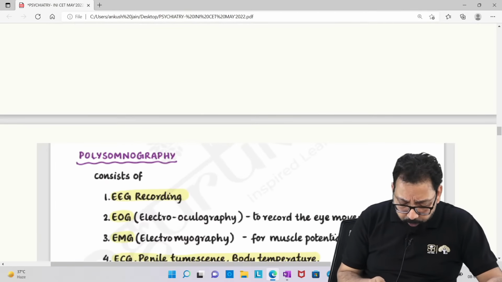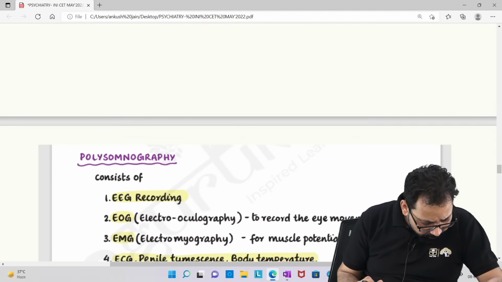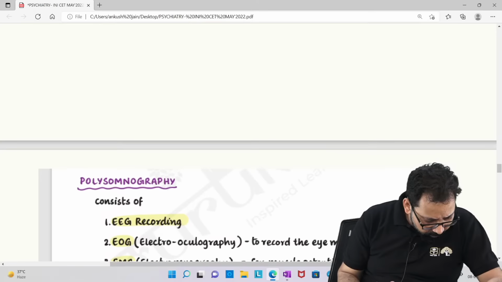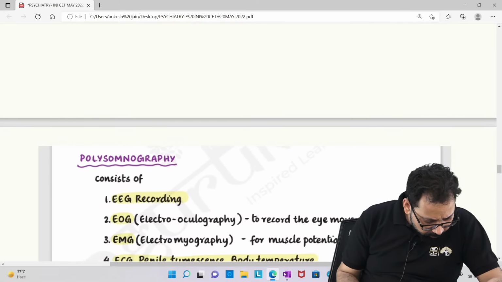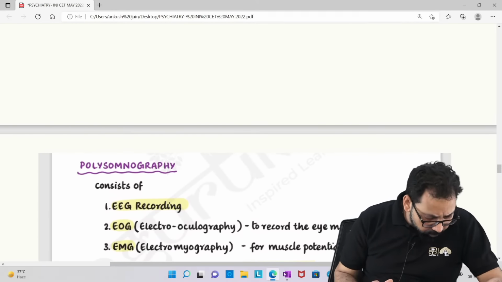In polysomnography we record sawtooth waves were given, sir. Yes, thank you. Sawtooth waves and ocular.